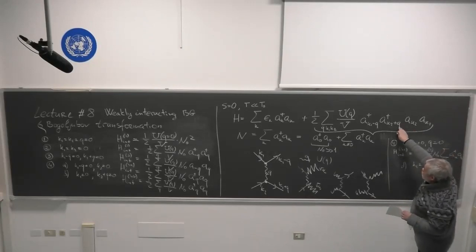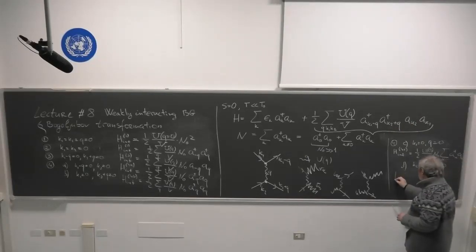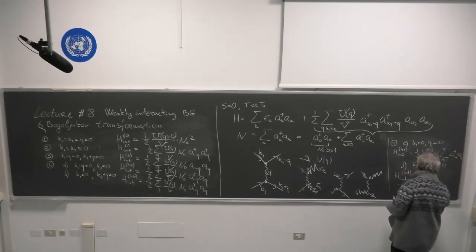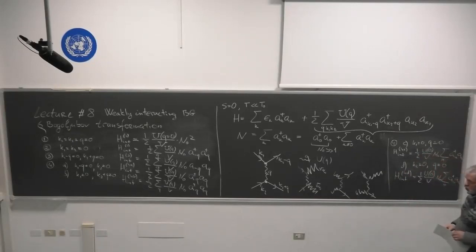This term goes to the condensate, and we have H interaction for D, which is also equal to 1/2 U node over V times A node, sum over K, A dagger K, A K. Good.